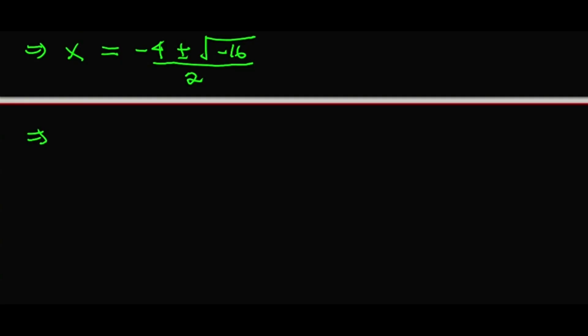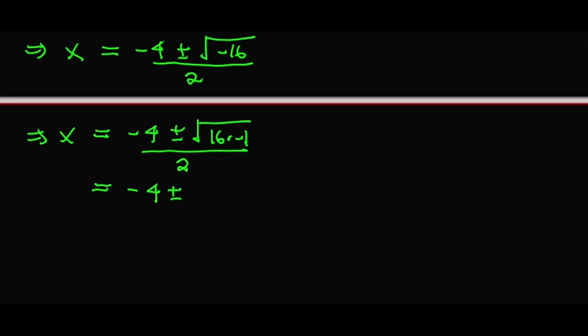Minus 16 can be expressed as 16 times negative 1. So this gives us minus 4 plus or minus square root of 16, which gives us 4, and square root of minus 1 gives us i, all over 2.